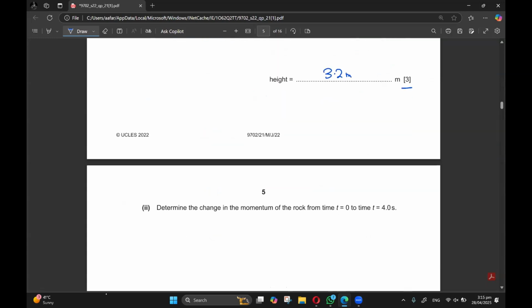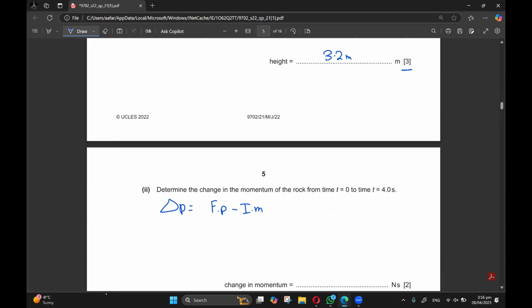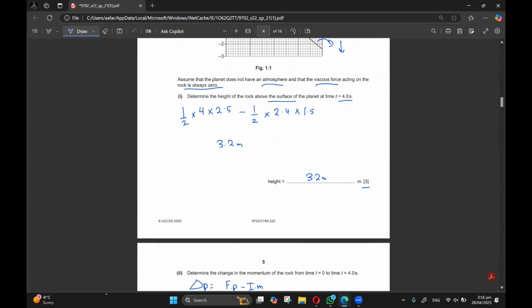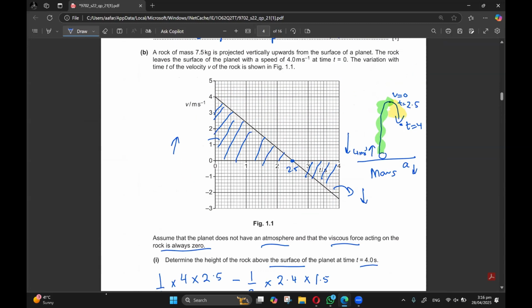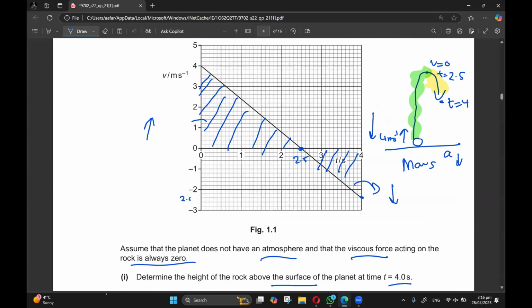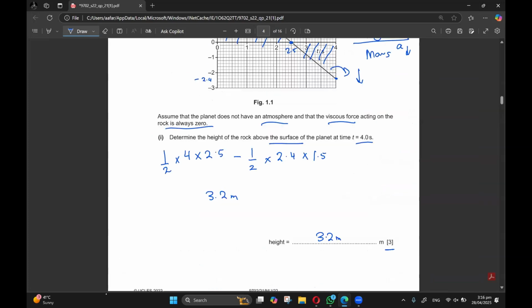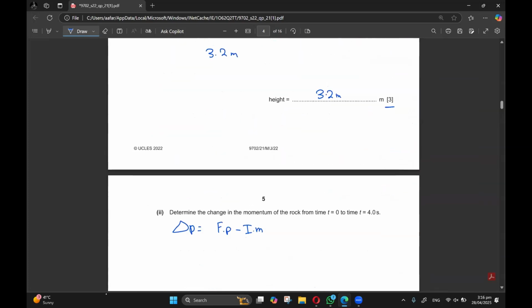Understand? Okay. Determine the change in the momentum of the rock from time t equals 0 to time t equals 4 seconds. Change in momentum is final momentum minus initial momentum. At t equals 4 seconds, it has a velocity of negative 2.4 meters per second. And we know that momentum is mass into velocity.